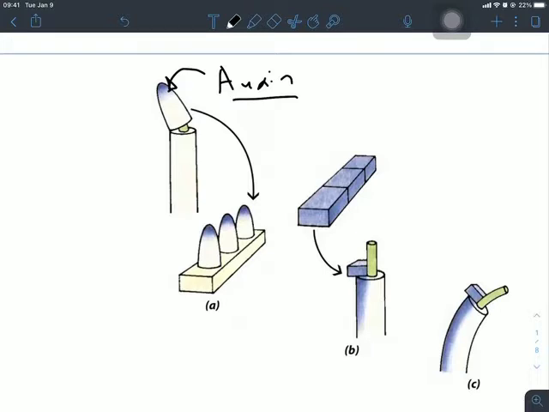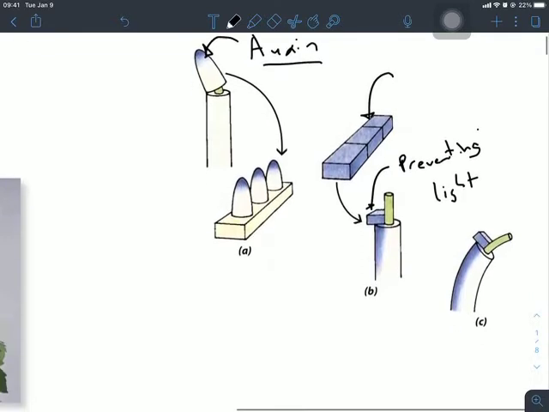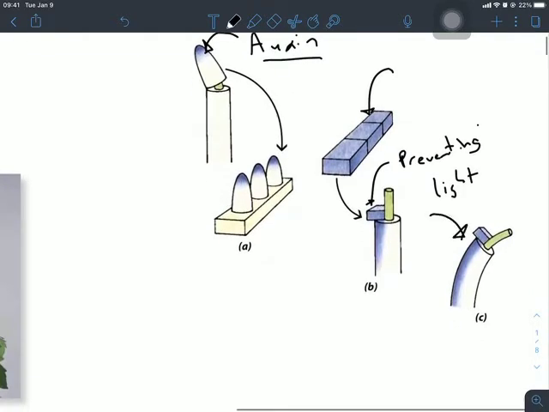Now, when we remove a portion of that tip and set light to be blocked from a certain angle, like with these blocks, so this is preventing light signal, we can twist the growth pattern of the stem with nothing other than a way to block the light.